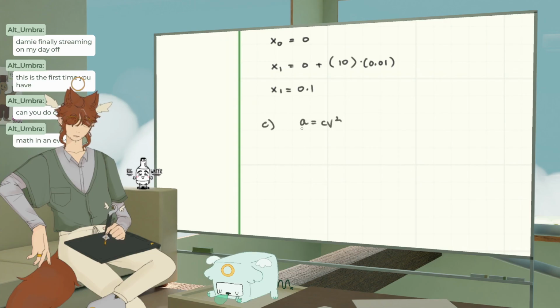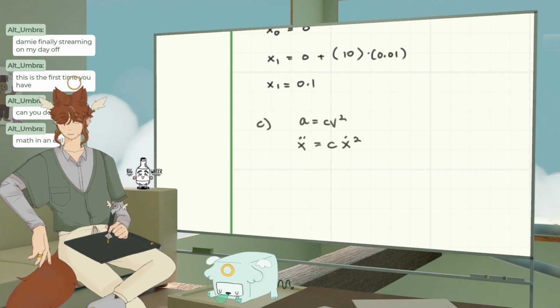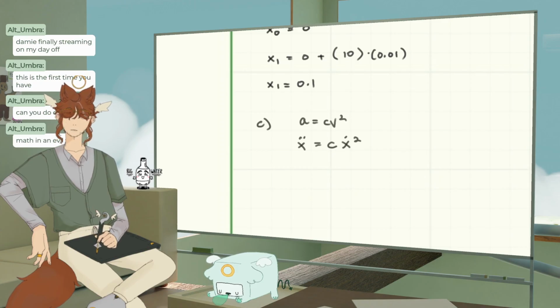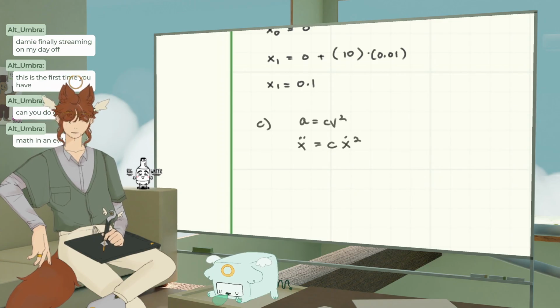If we write this a different way, that's X double dot equals C X dot squared. Now I'm gonna have to look at how we're supposed to do this, because we have to turn this into a system of two first order differential equations. It's already linear. Well, is it linear? Oh, it's not linear even. Okay, we're gonna try our best. Let's see.